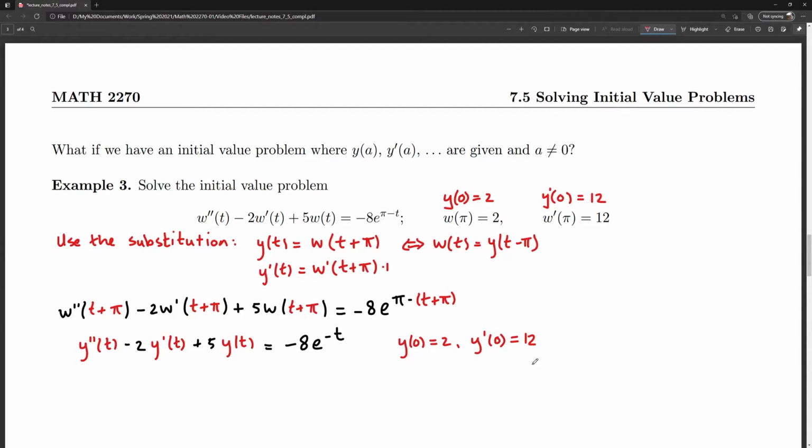But this is exactly the initial value problem from example 1, the first video for section 7.5.